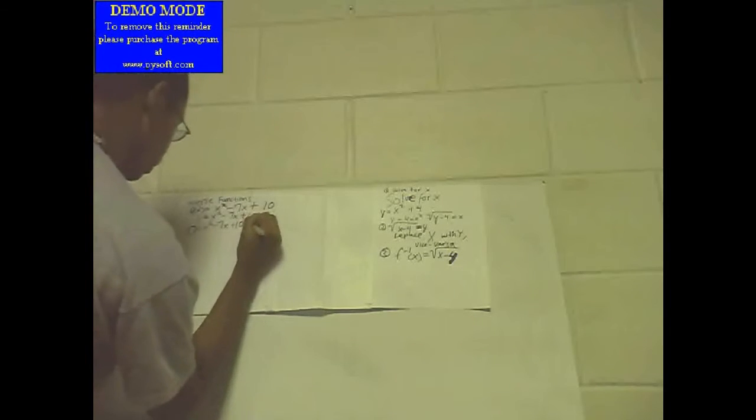In this current form, we'll subtract the y. So now we have 0 equals x squared minus 7x plus 10 minus y.